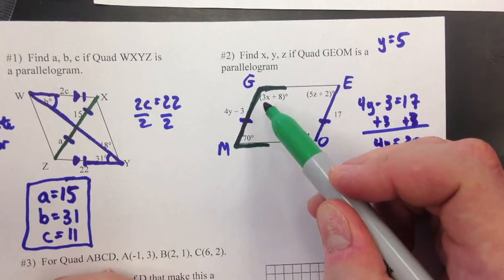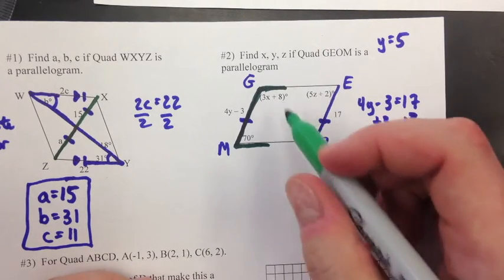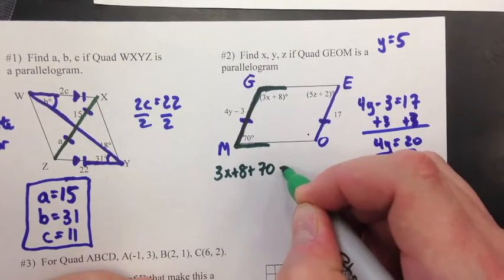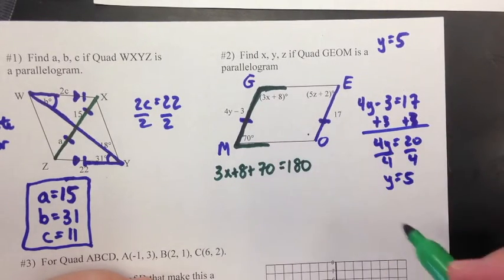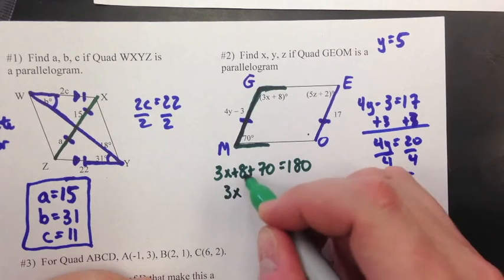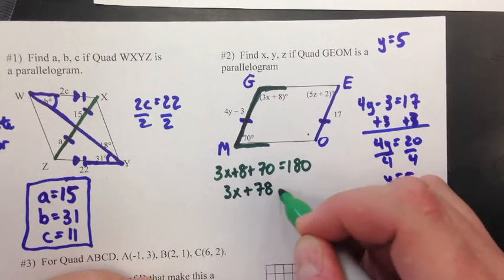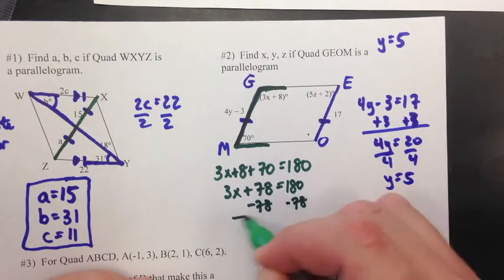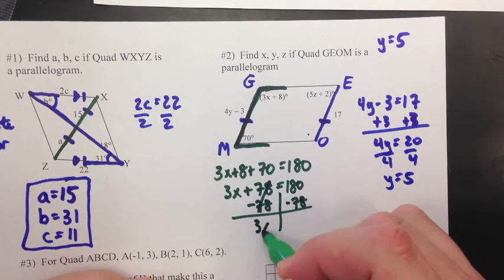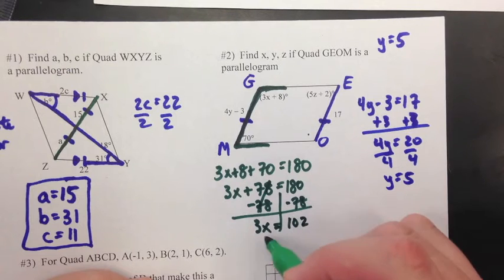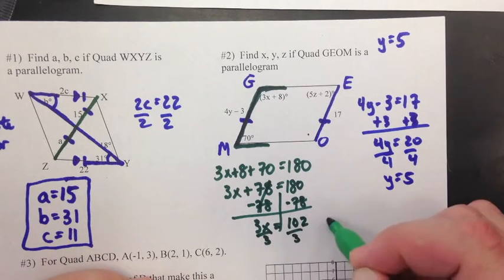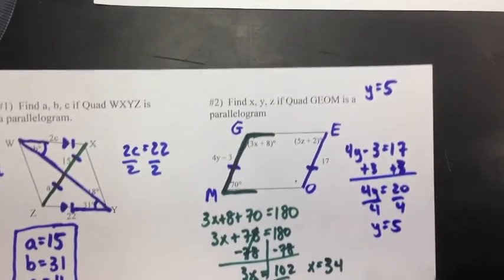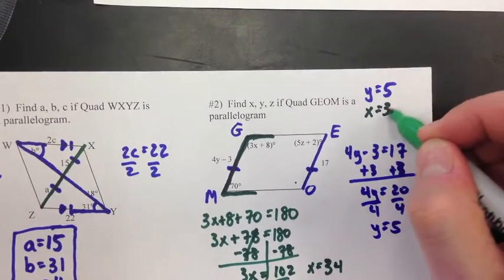Consecutive angles are supplementary. So we can say 3x plus 8 plus 70 equals 180. And now we solve it. That's 3x plus 78. Combine those. Minus 78. So we got 3x equals 102. And divide by 3. X is equal to 34. Okay, so there's the x equals 34.